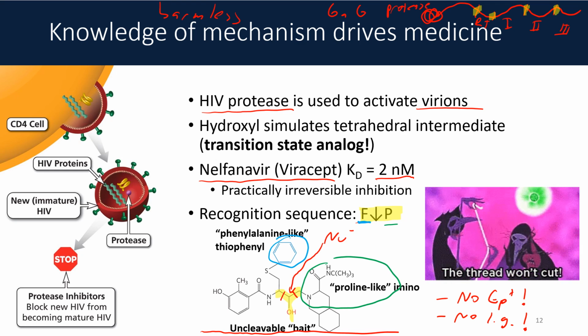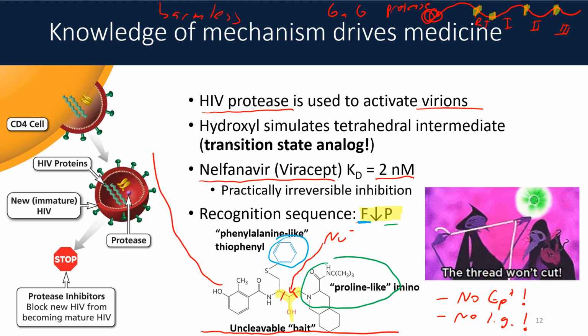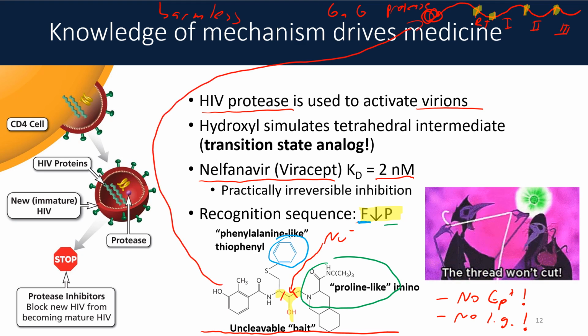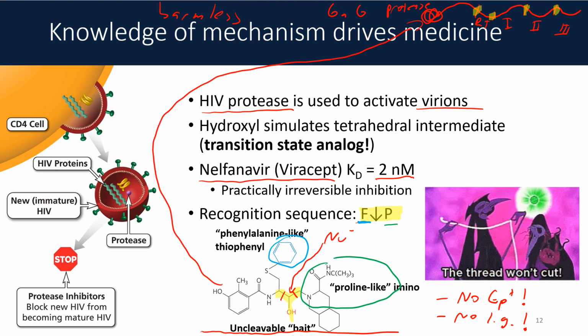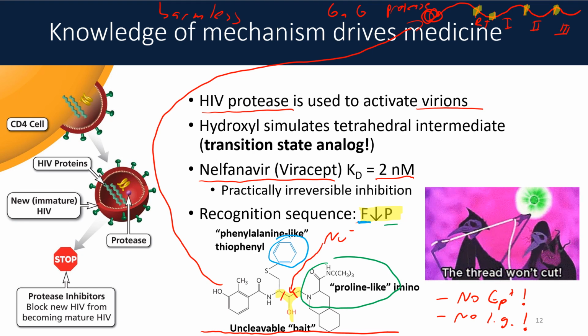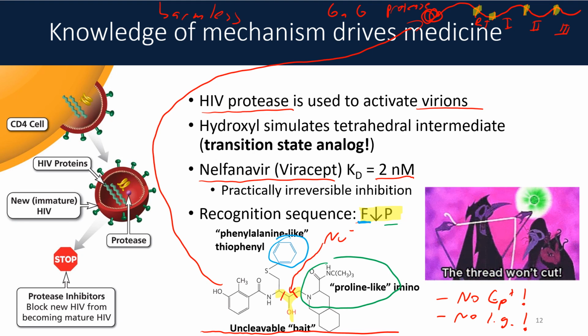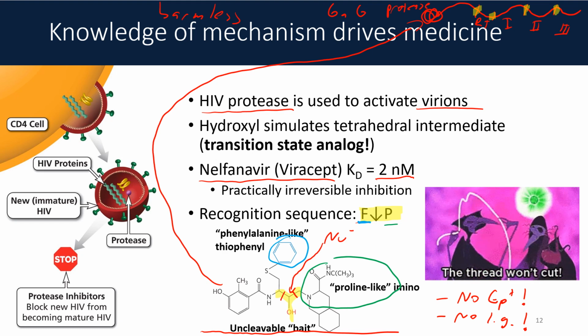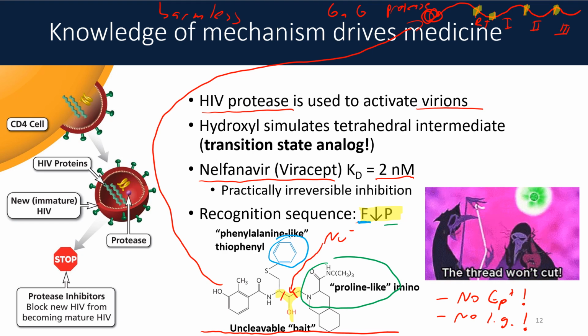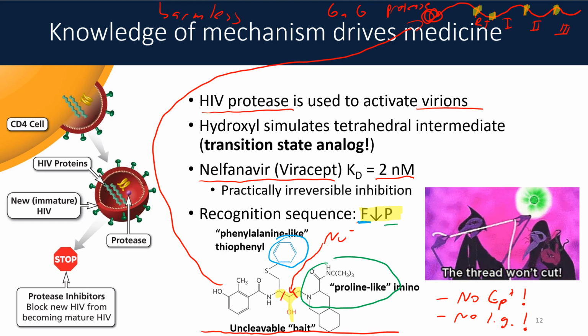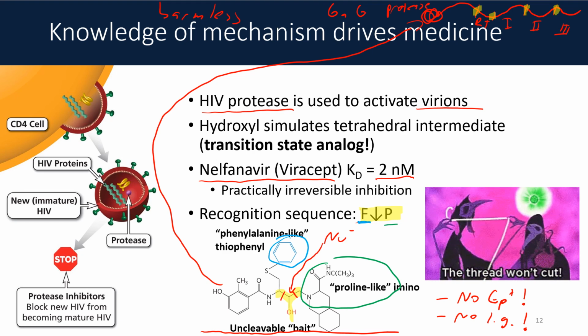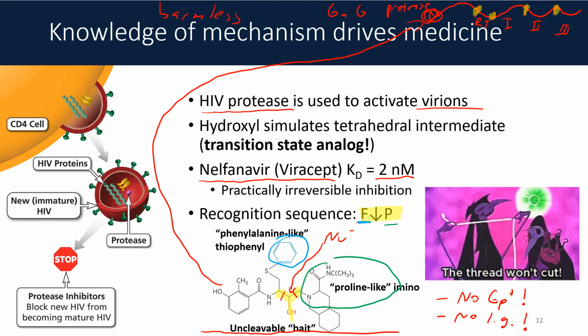So Viracept is going to insert itself into the active site of the protease. It's never going to leave, because it's a better fit than the protease's own recognition sequences present in this group-specific antigen, and it can't be broken.